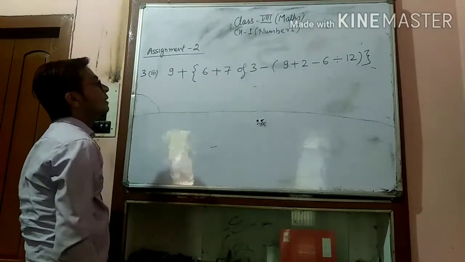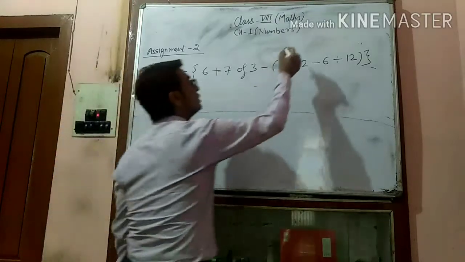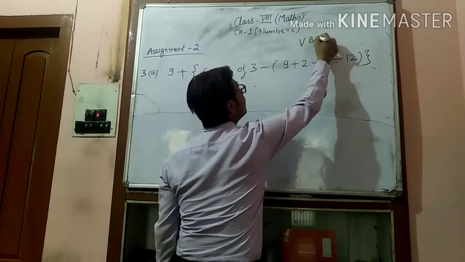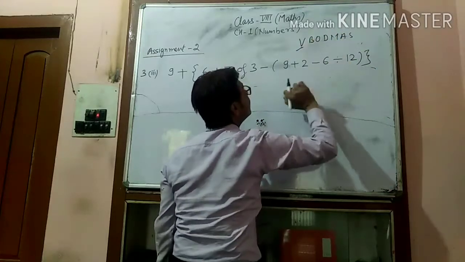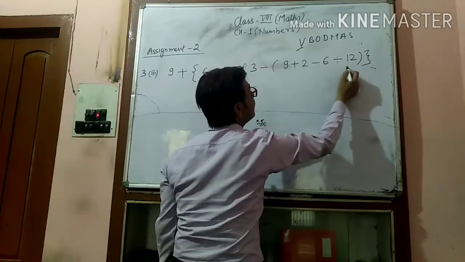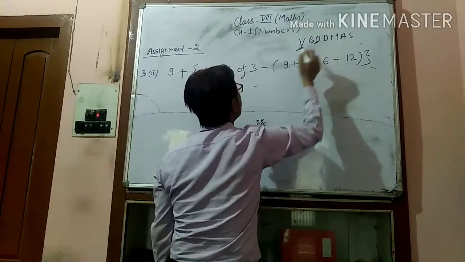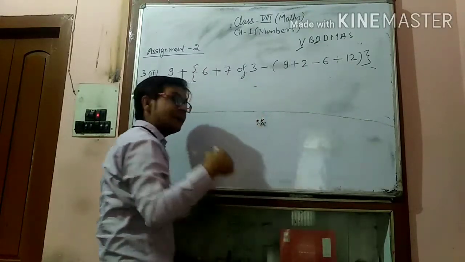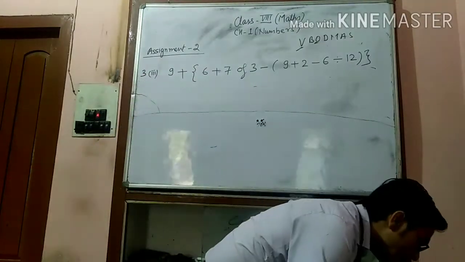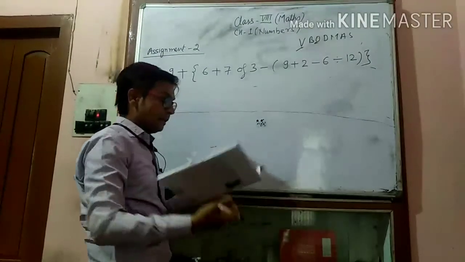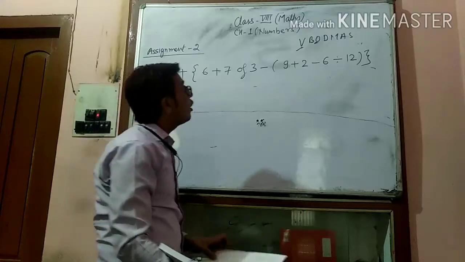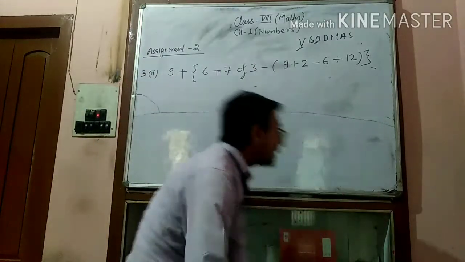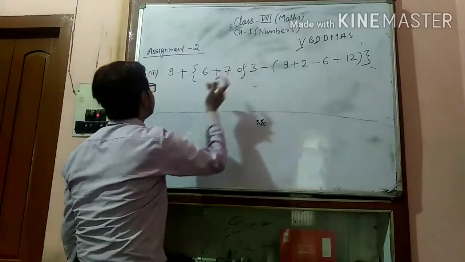See, first of all, according to BODMAS: B is bracket, you can solve the bracket. O means of, which becomes multiplication. As you know, wherever of is there, you can multiply directly. 7 into 3 is 21.